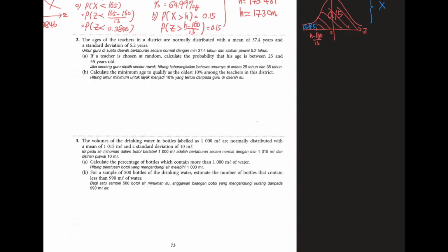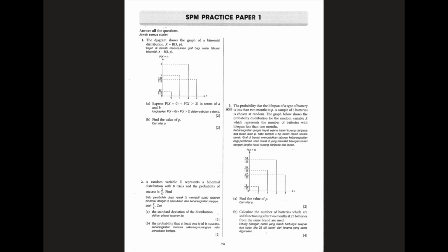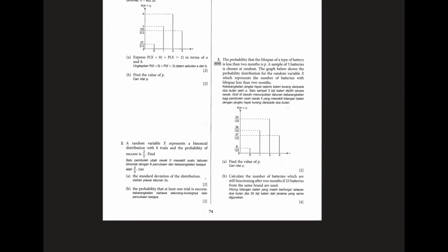There are more questions there. Now let's see the next page first. It seems like we have done the whole chapter. As you can see, the next page is SPM Practice already.